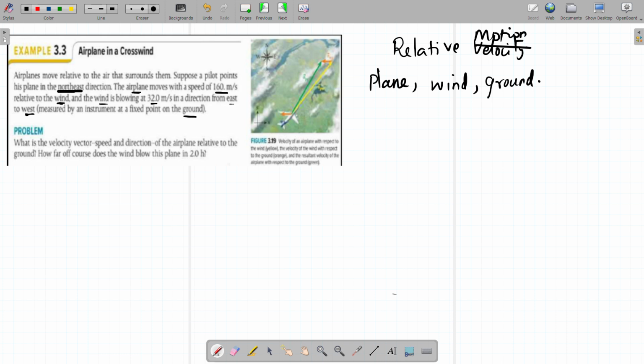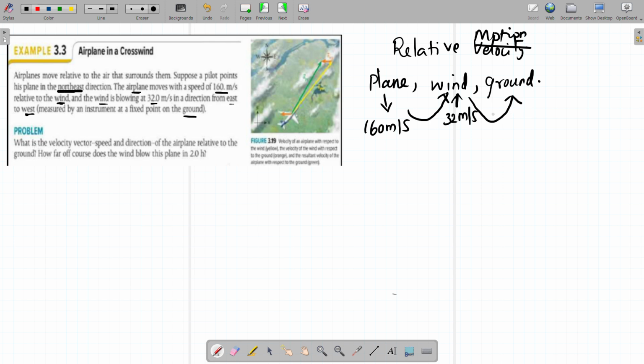The speed of the plane is 160 meters per second with respect to the wind, and the other given value is 32 meters per second, the speed of wind with respect to the ground. So it is connected like this: the plane to the wind and the wind to the ground.